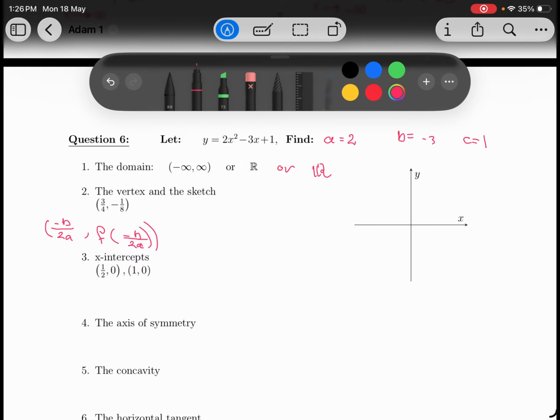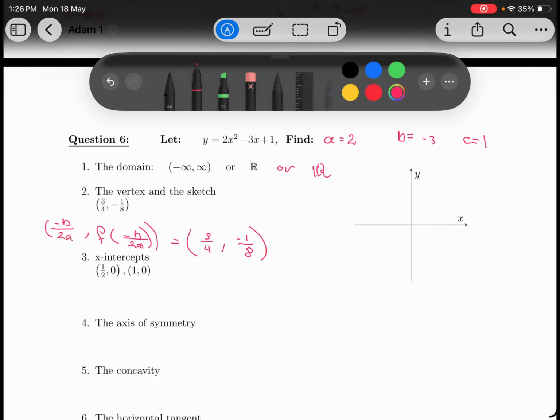Plugging in, you have minus b over 2a, which is 3/4, okay? And the y-coordinate is -1/8.